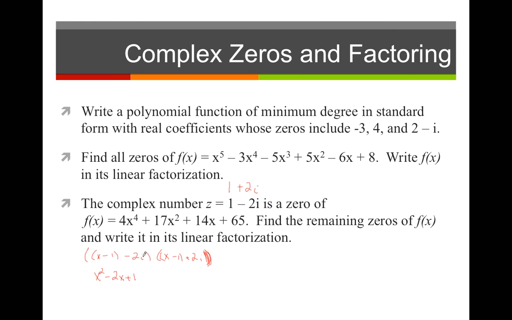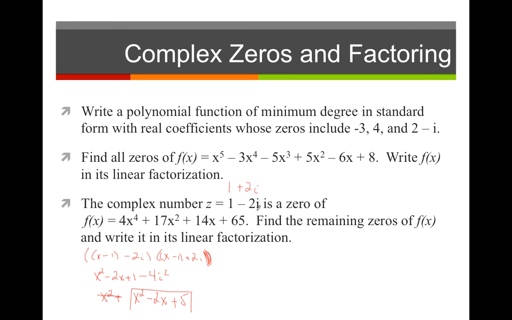That's the first. Now remember, the inner and the outer are going to cancel, so then on the lasts, I get a minus 4i squared, which is really plus 4. So this becomes x squared minus 2x plus 5. So that would be this term.